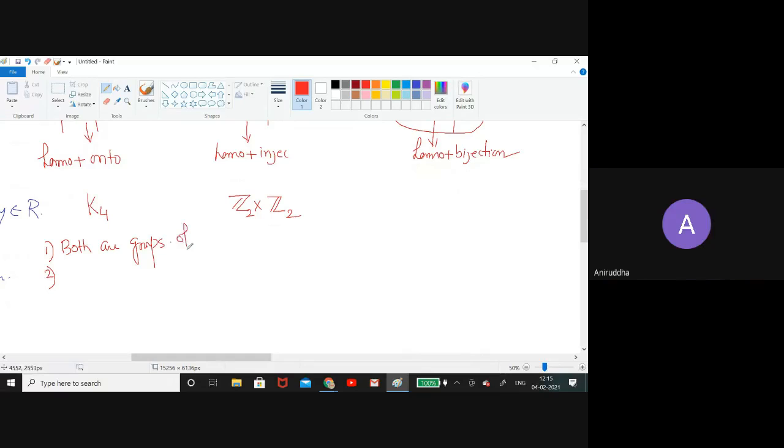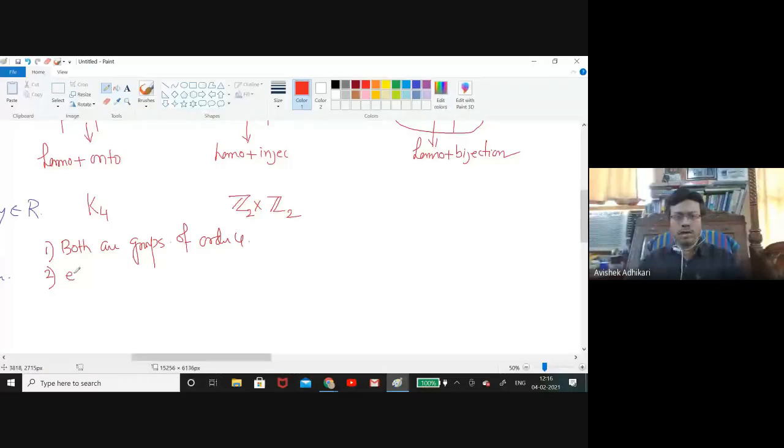Both groups are of order 4. Sorry, can you repeat? Every non-identity element is of order 2. Very good. So every non-identity element of both the groups is of order 2.